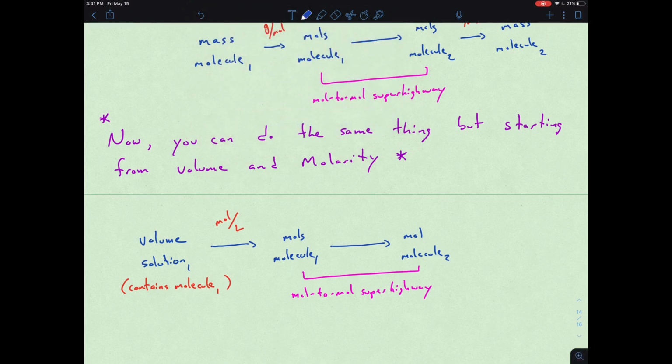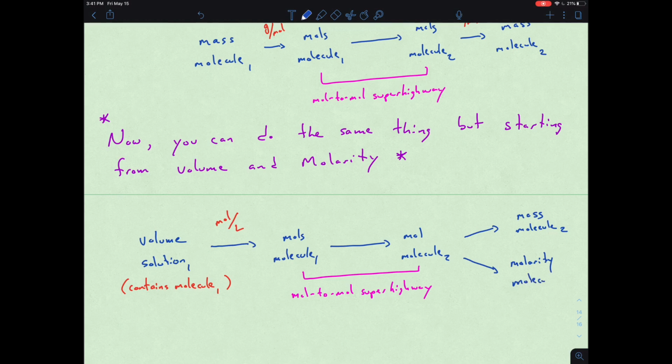We could go to mass of molecule 2. We could go to molarity of molecule 2.